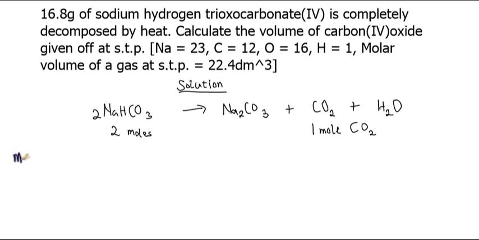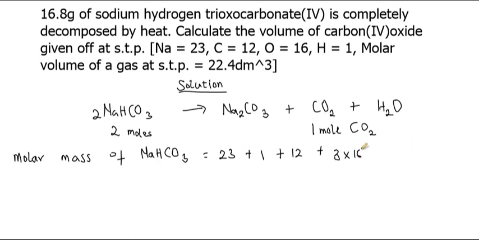So the molar mass of NaHCO3 is equal to the sum of the atomic mass of each element present, starting with sodium 23 plus hydrogen is 1 plus carbon 12 plus oxygen, which is 3 atoms present. So we have 3 times 16, 16 is the atomic mass of oxygen. So this gives 23 plus 1 plus 12 plus 48, which is equivalent to 84 grams per mole.